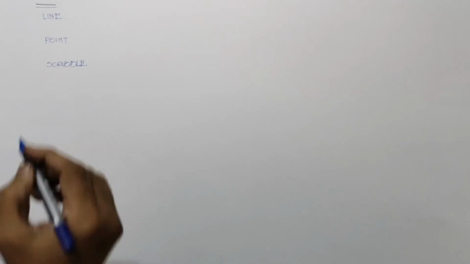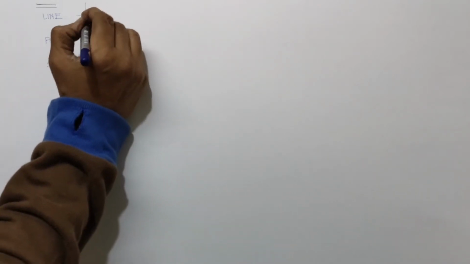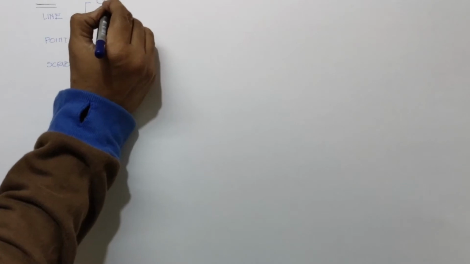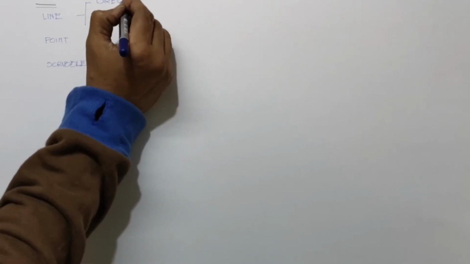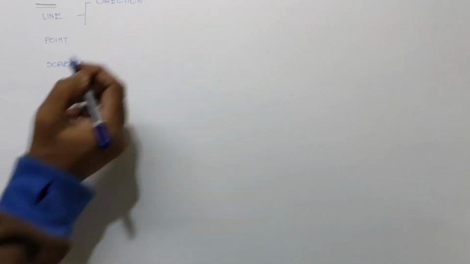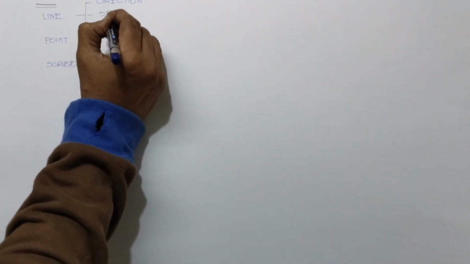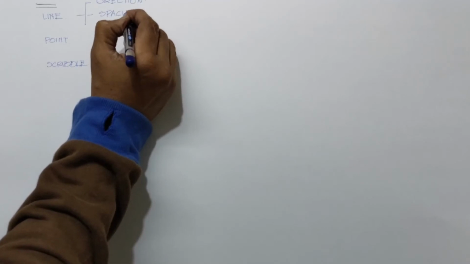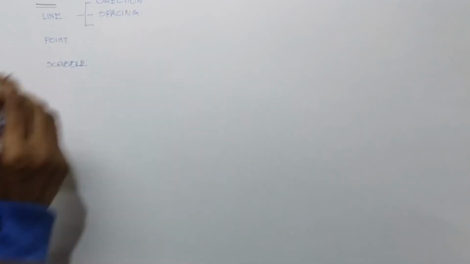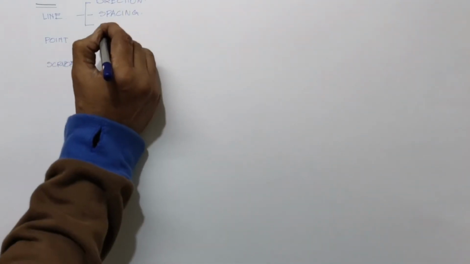In line, the first thing is that the line can be divided into direction of line. The second one is spacing. The most important thing is the thickness.